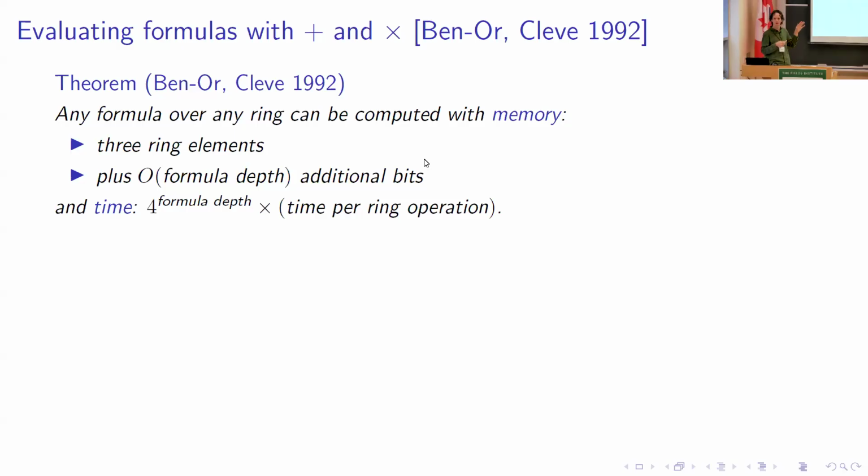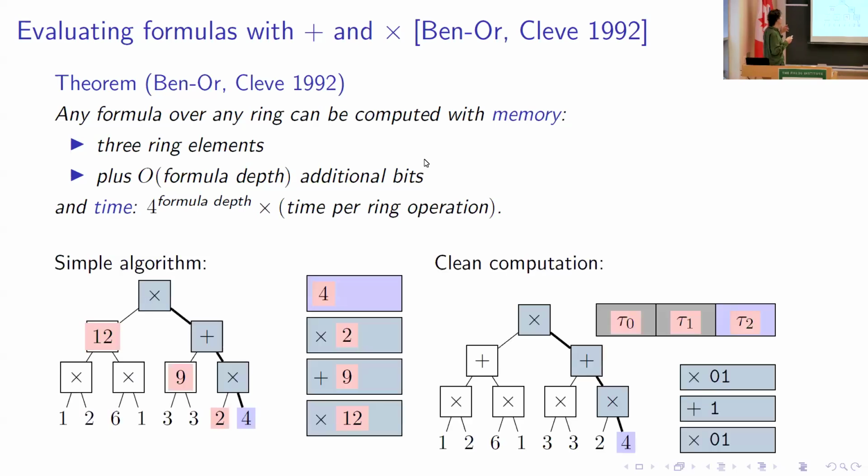So you need about 2 bits for every layer of the stack. And the time it takes is 4 to the power of the depth of the formula times the time it takes for 1 ring operation. So just a comparison, remember the simple algorithm I showed at the start, it needs 1 ring element for every layer of the tree. And this new one just needs 3 elements plus 2 bits per layer of the tree.